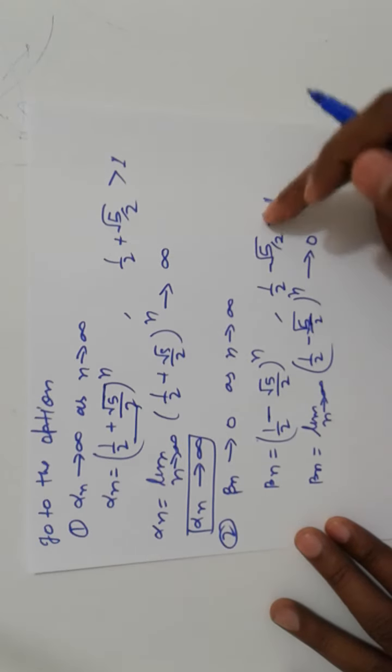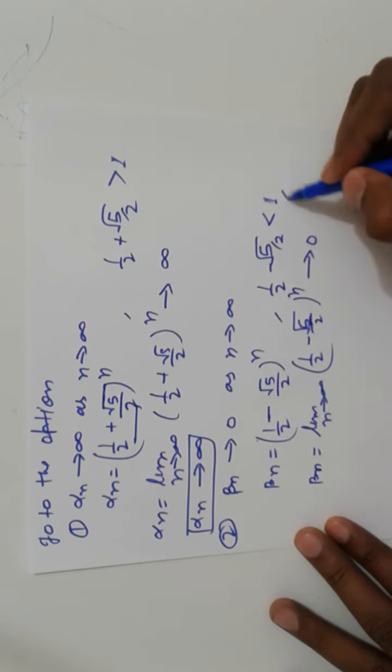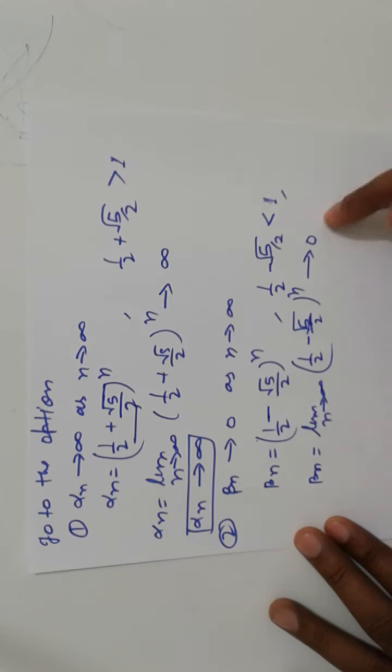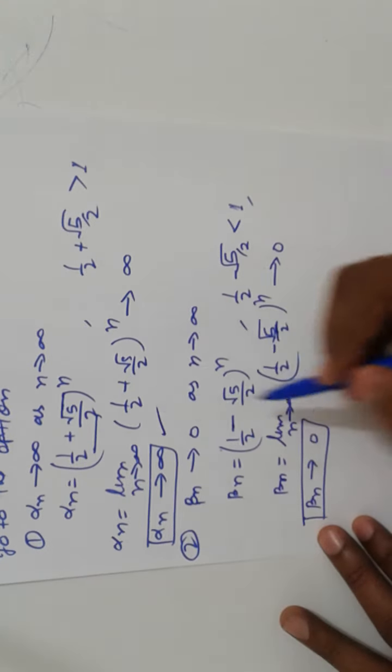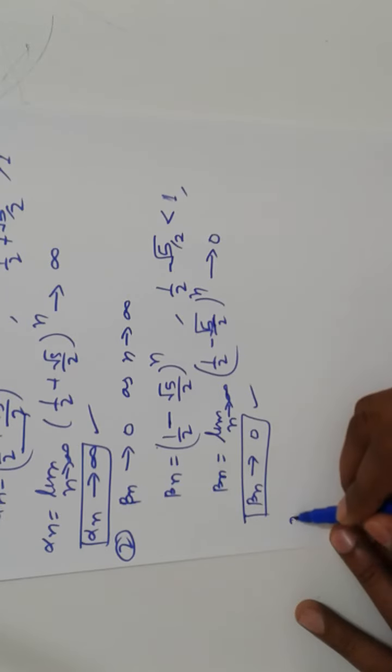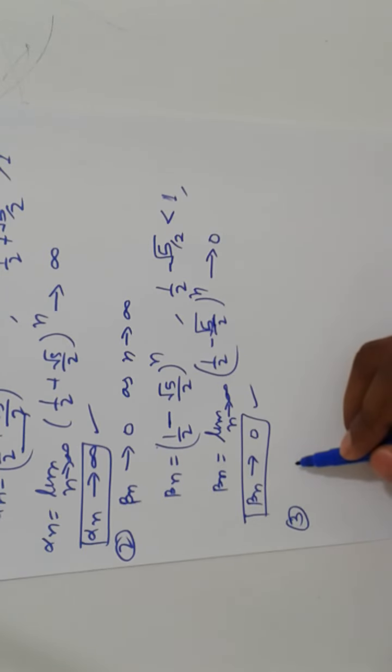Less than 1 means, suppose, 1 by 2 or 1 by 3, raised to power n tends to 0. So beta n tends to 0. So the second option is also true, and next go to the third option.